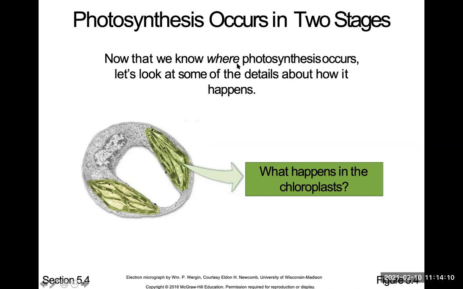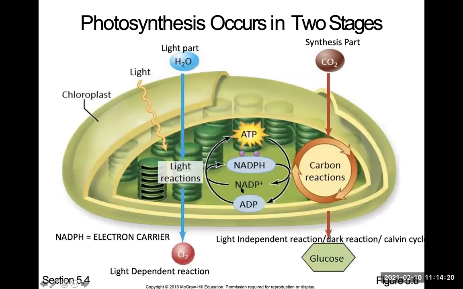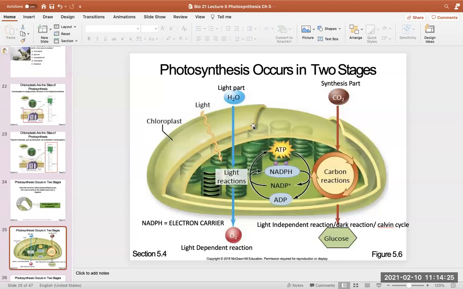So now that we know where photosynthesis happens, we're going to look at details, how it happens. So what's going to happen in this process. There are 2 types of reactions. There's light independent and there's light dependent.